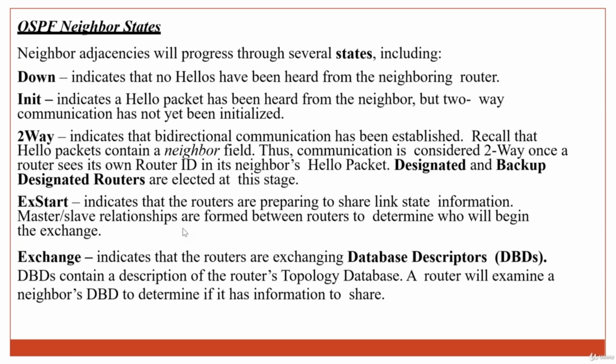By the end of the two-way state, if the devices are in a broadcast network, they have to select the DR and the BDR. And by the end of two-way state, the devices form the neighbor relationship. Then we have the ExStart and Exchange states. ExStart and Exchange is where the devices select who is the master and who is the slave, so they can exchange their databases.